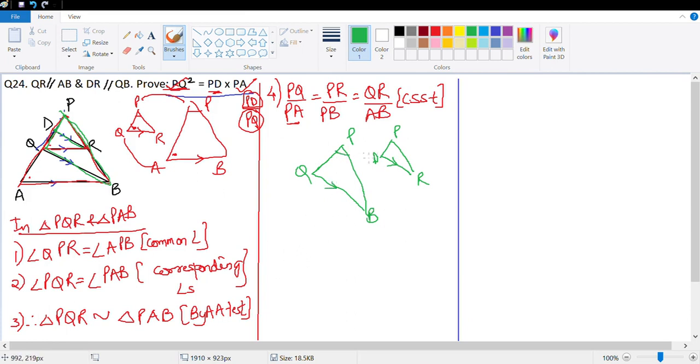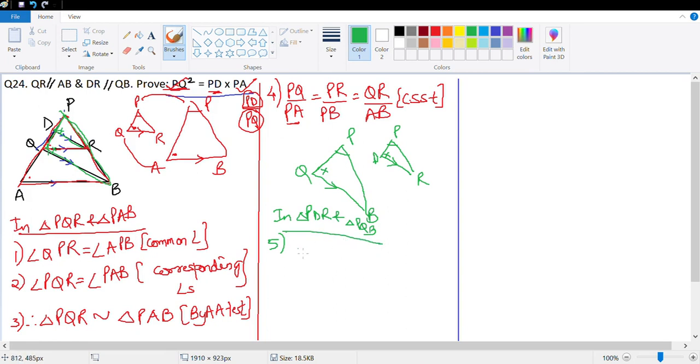Again, angle P and angle P are equal, and I will get angle Q and angle D equal because these are corresponding angles. So let's just write this down. Number 5, in triangle PDR and triangle PQB.